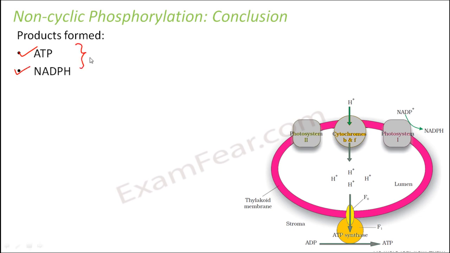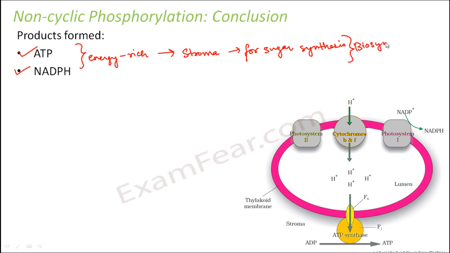They are also energy rich molecules, and they will be utilized in the stroma for sugar synthesis. So this phase is known as the biosynthetic phase of photosynthesis. That is the phase which we will talk about in the next section. The process of sugar synthesis is known as the biosynthetic phase.